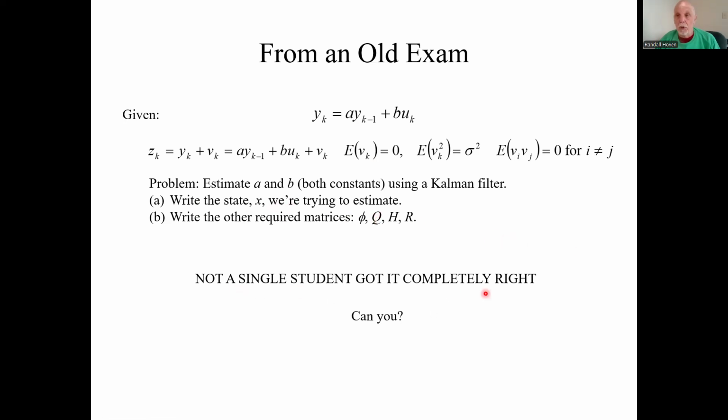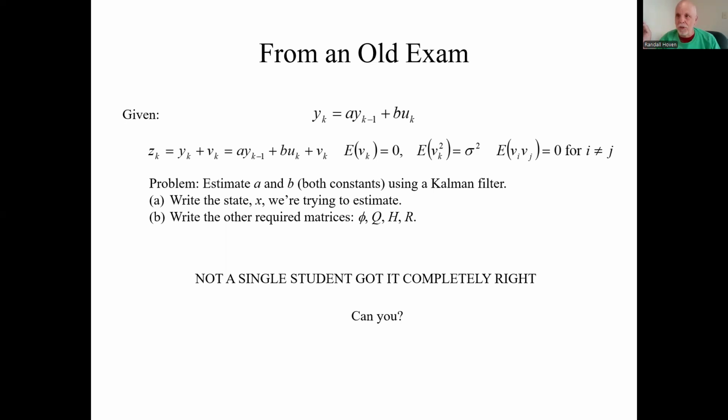By the way, as we go through this, not a single student got this problem completely right. So you know the problem, so what's the state? It should be easy. We're supposed to estimate A and B. That's our X, this little 2-element vector, A and B. And they're constants.